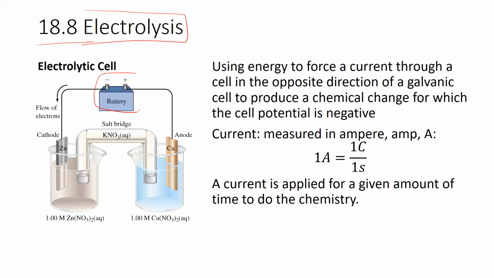You have a power source that forces a chemical reaction to occur such that the cell is going to go in the opposite direction. And that power source, some battery, or we're hooked up to an outlet or something like that, and we utilize the power source to force the electrons in the other direction. And so that's the whole idea.